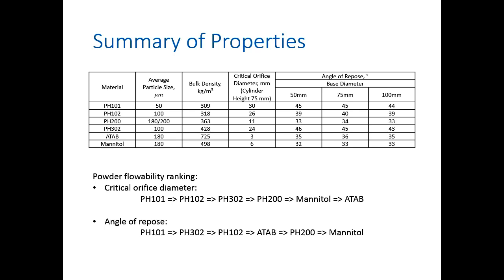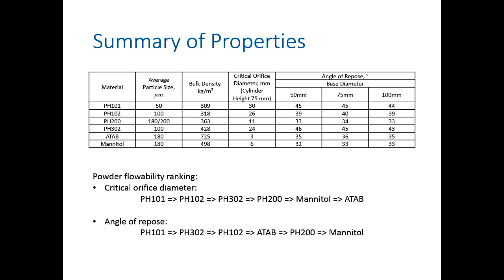Looking at the critical orifice diameter values and the angle of repose, we can characterize the powder flow behavior, where in critical orifice diameter, if a powder has a smaller critical orifice diameter, it means that it's a better flowing powder, while for the angle of repose, if a heap with a smaller angle is formed, we have a better flowing powder. And we can have a number of observations based on the data that we have.